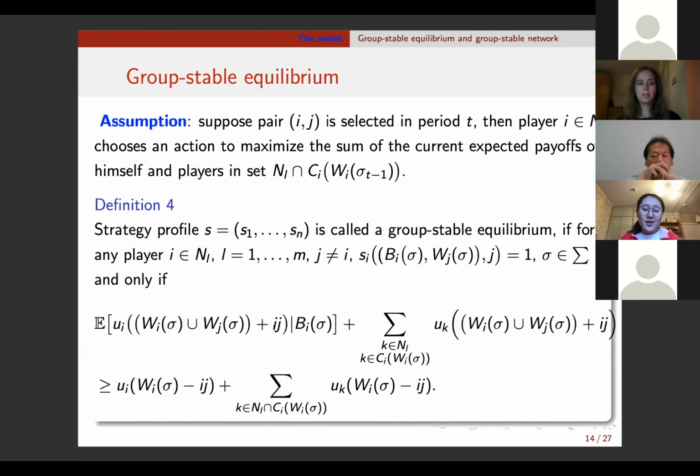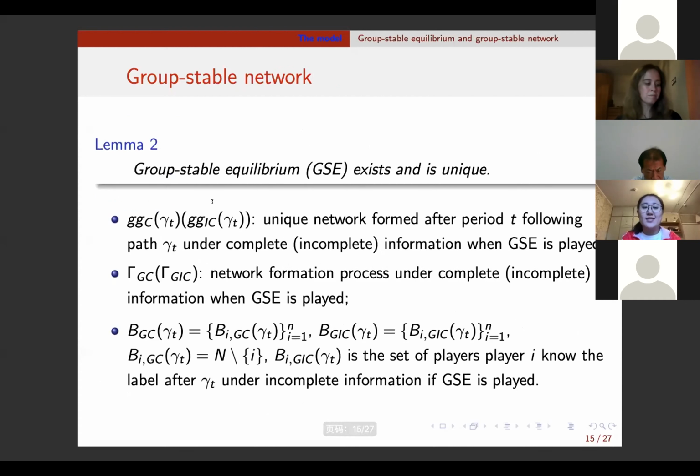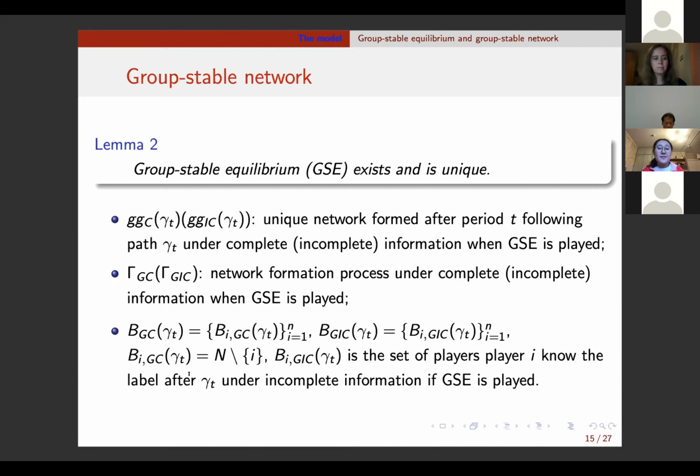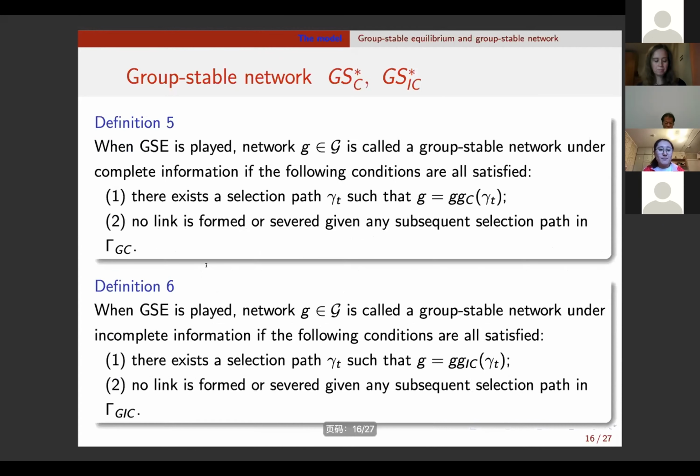The left-hand and right-hand formulas are well defined, so the group stable equilibrium exists and is unique. Below, we also assume that players play the group stable equilibrium, and I will not explain it further here.